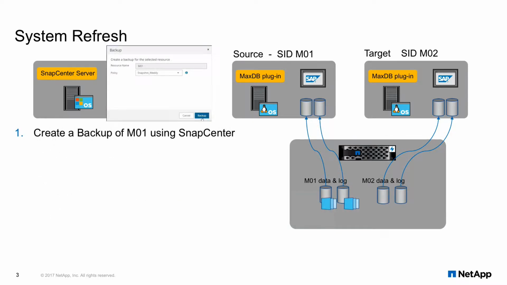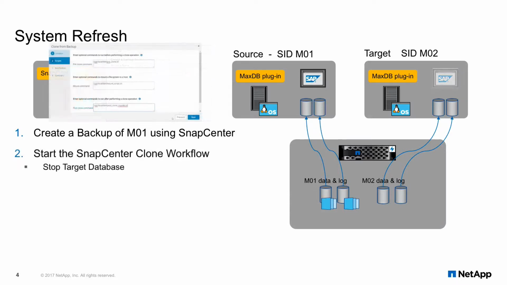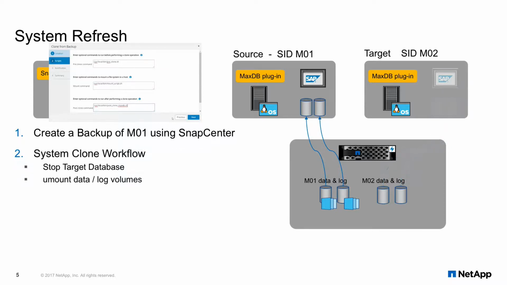The workflow in short is, first we will create a backup of the source system M01. Using that backup, the cloning workflow starts, and the first step will stop the database. It will unmount the target volumes M02.